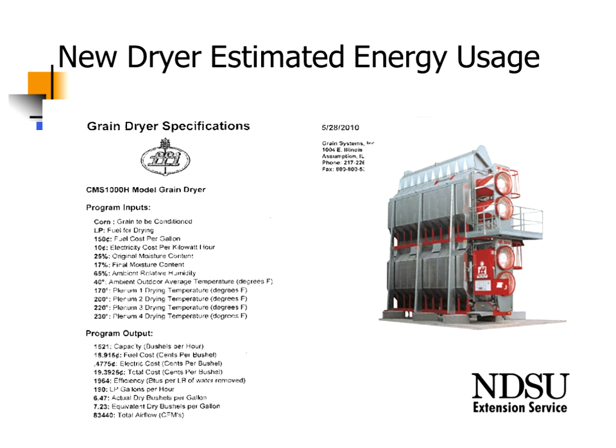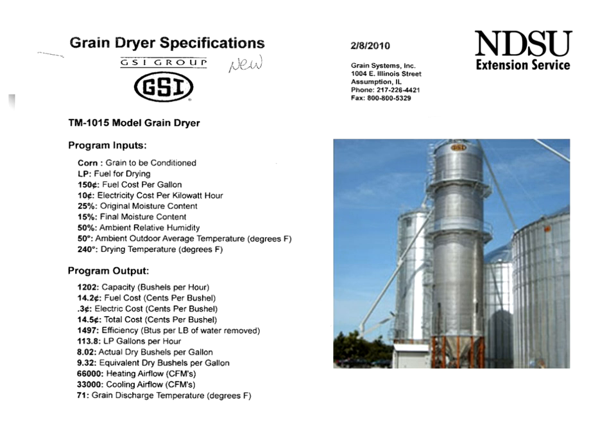In this case, this dryer was showing 1,964 BTUs required per pound of water removed. Each company has kind of their own system of doing the calculations, but the program output is going to be similar. Now, on this tower dryer, it was showing their energy efficiency at 1,497, so down pretty close to that 1,500 BTUs that I talked about.